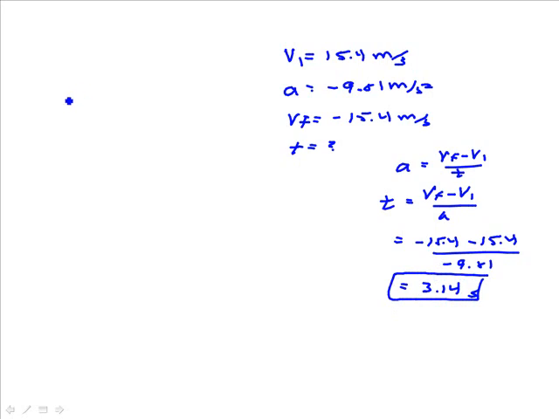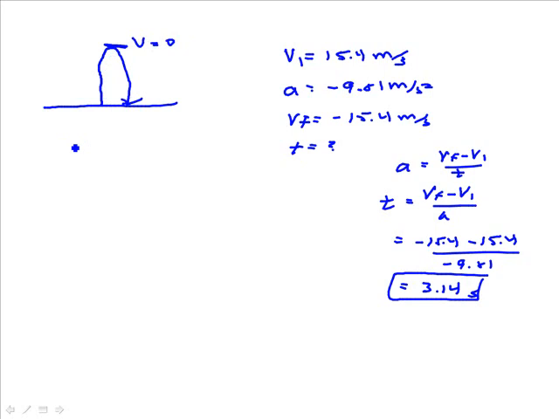To calculate the maximum height, you have to remember that if it leaves the ground at 15.4, it goes up to a certain height, then it comes back down. The speed at the top, V, is going to be equal to 0 here.